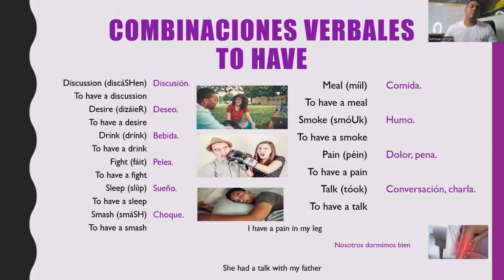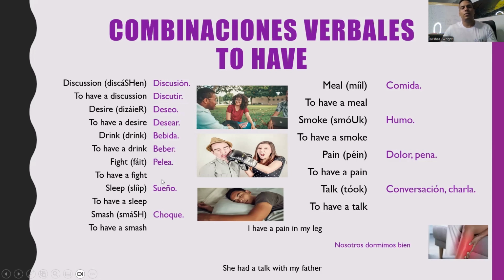So we have more combinations. Discussion. The action of having a discussion is to have a discussion. Desire, to have a desire. Drink, the same dynamic, to have a drink, beber.